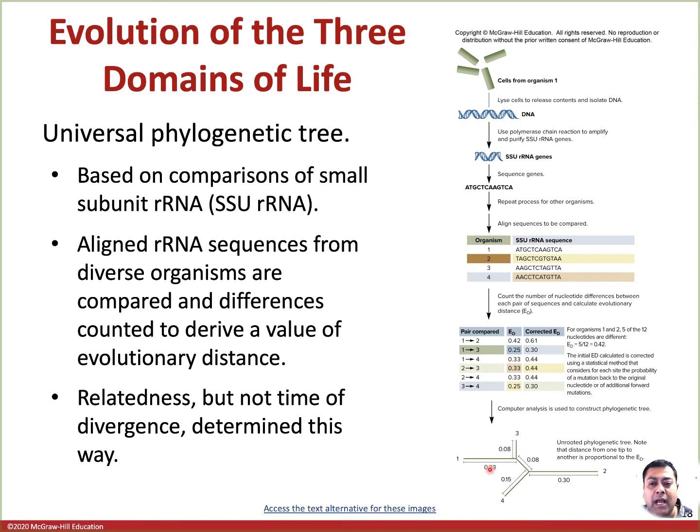If you add these 2 numbers, you will come up with a number pretty close to 0.31, and that's the distance between them. If we look at 3 and 4, let's add these up. You have about 0.15, 0.08, and 0.08. So here it is 0.16 and 0.15, so about 0.31. So that's the distance between them.